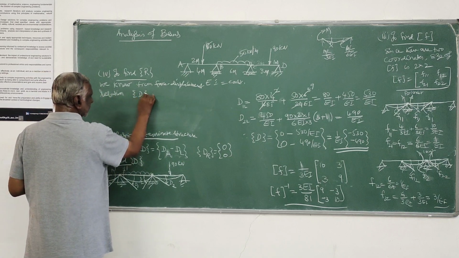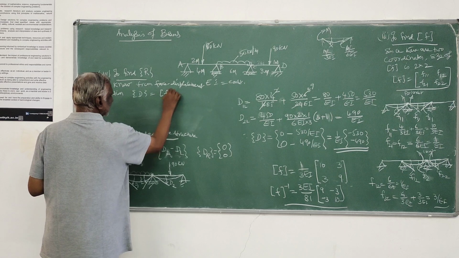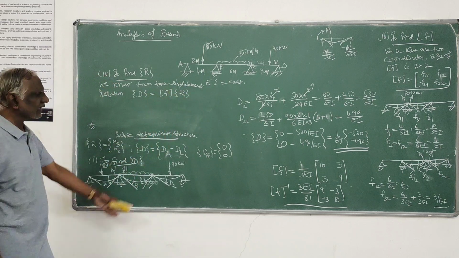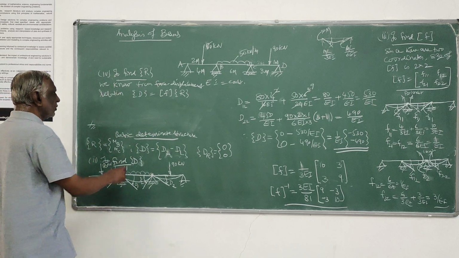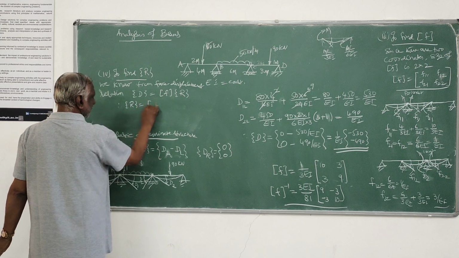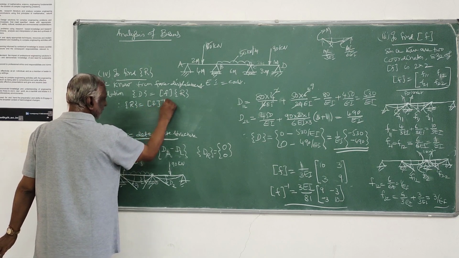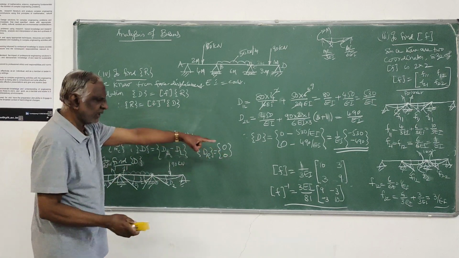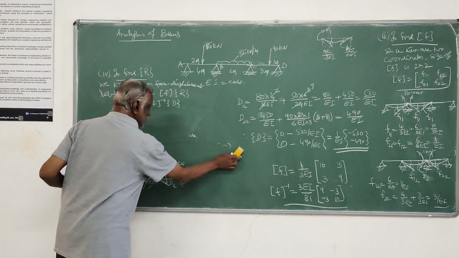D is equal to F into R. Here I will use the value of R for the force. Therefore, this R is nothing but F inverse D. So all these I have evaluated in the previous 2 steps.